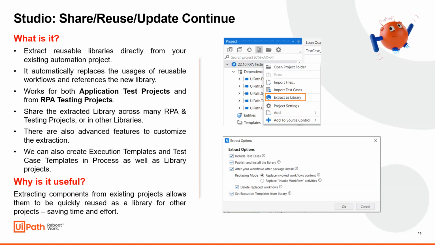You can leverage a lot of the automations and projects you've already built, and extract them as reusable libraries that other developers can use, or that you can use even in your test automation projects or application testing projects if you start to go down that path. It just speeds up the ability to quickly reuse components and projects that you've already worked on in your downstream automations or in your application testing processes.